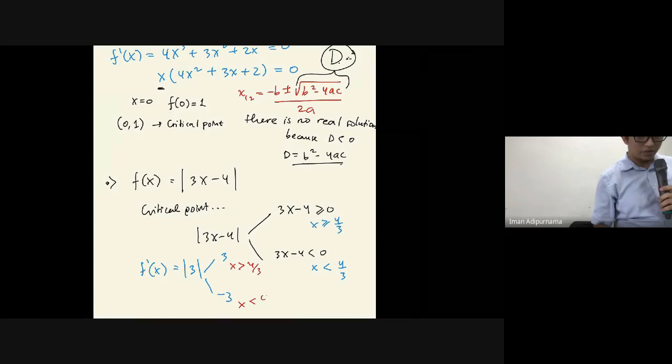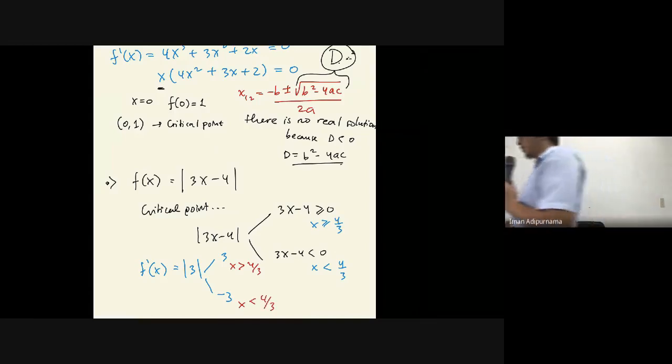This is less than 4/3. Notice that when you derive, the equal sign is removed. Remember, if you have absolute value, it looks like that, right? You have the pointy part. At that point it's undefined, right?